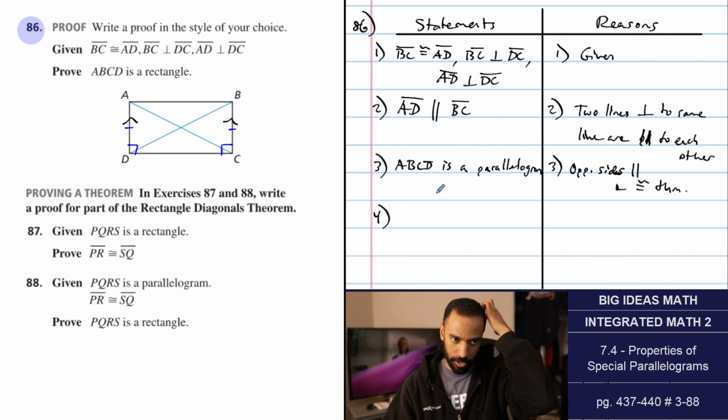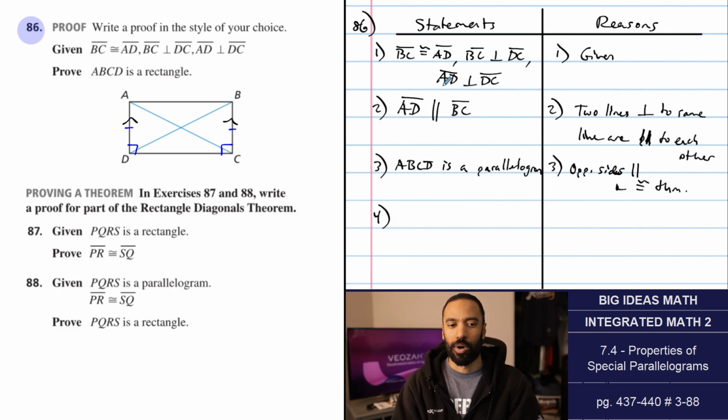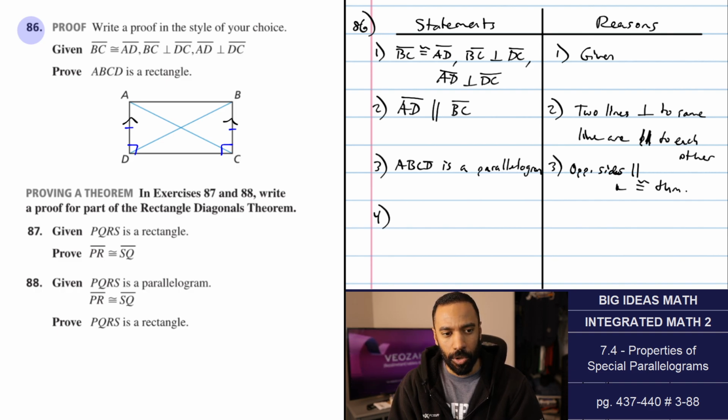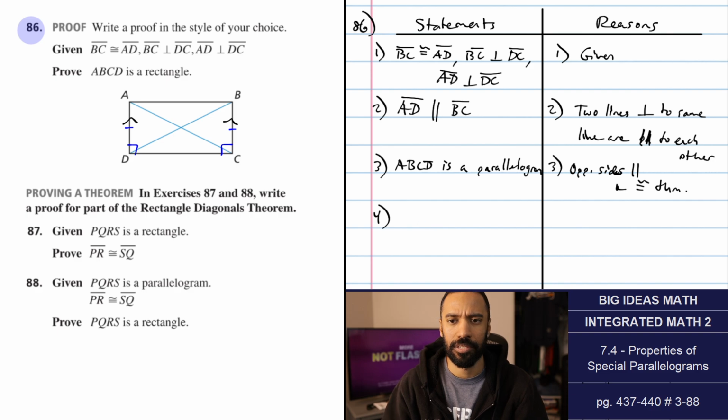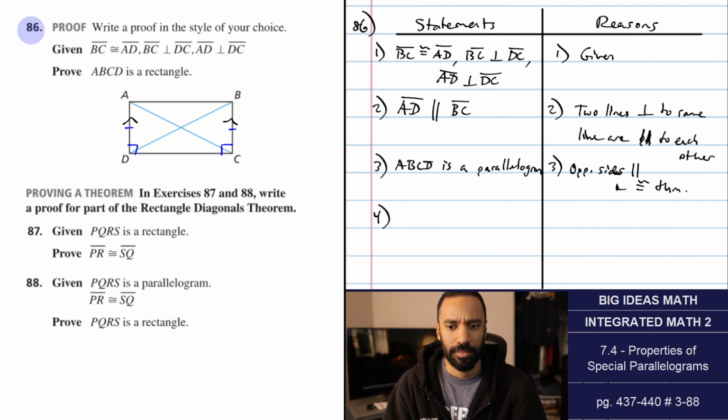Now that it's a parallelogram, we can work off of the right angles that we still have. It's a parallelogram, opposite angles congruent here, like angle D, those kinds of things. I don't know if that's really the way that you're going to say that, but I will.